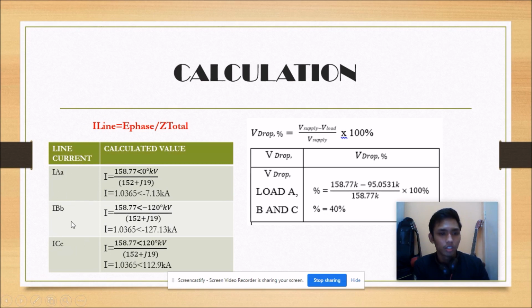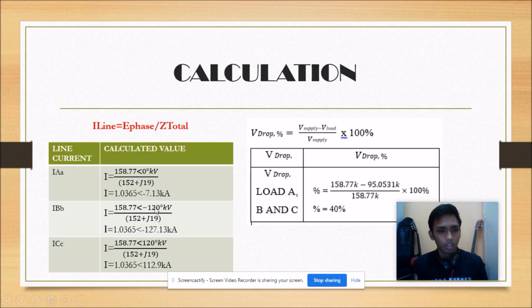These three lines got the same value, 1.0365 kilo ampere, but different phase angles, because we know that it is in positive sequence for phase angle. And I got this kind of value for the calculation.